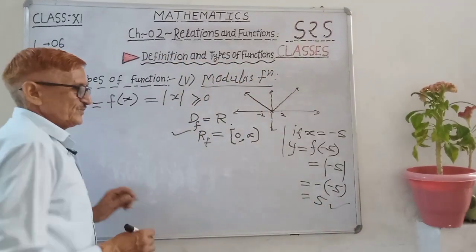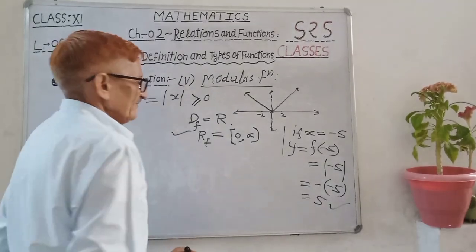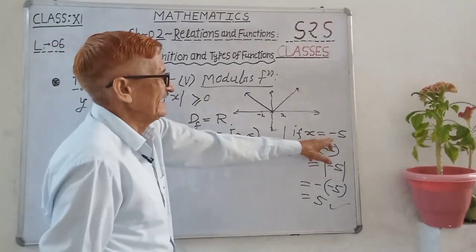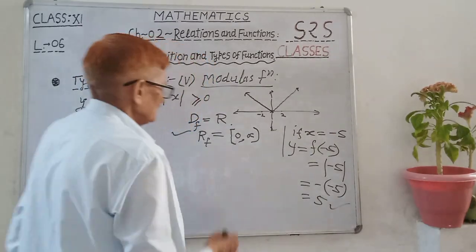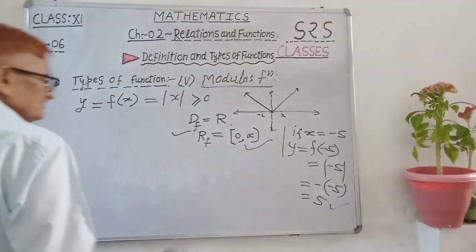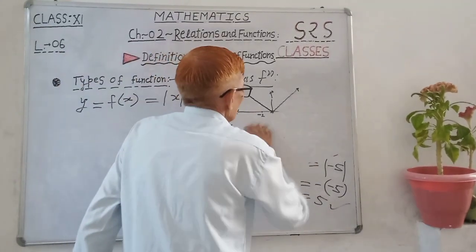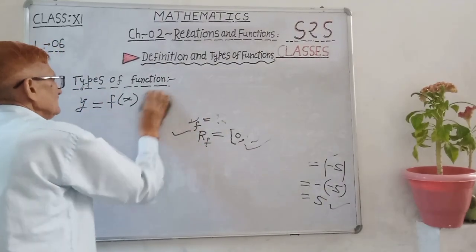Okay. If positive, then it stays as it is. So for every negative real number, the output will always be positive. So that's why the range set is 0 to infinity. Okay.